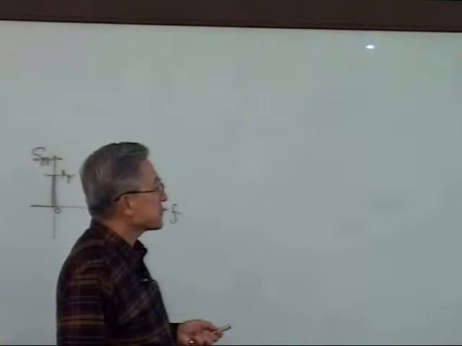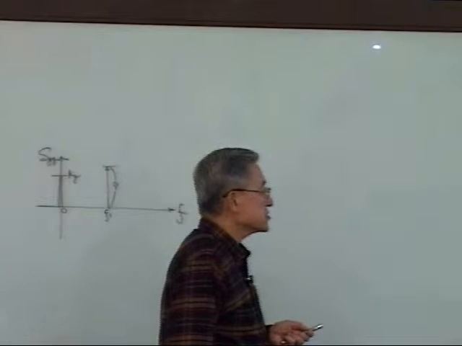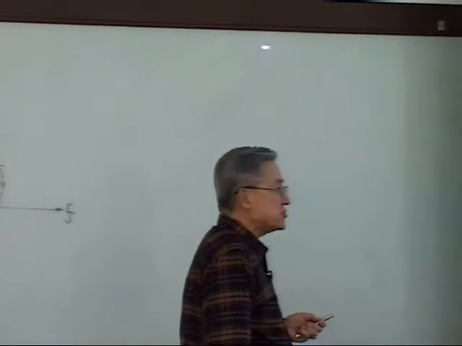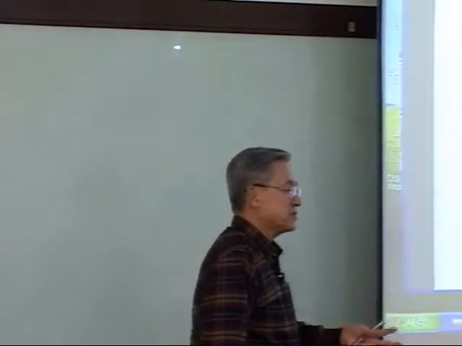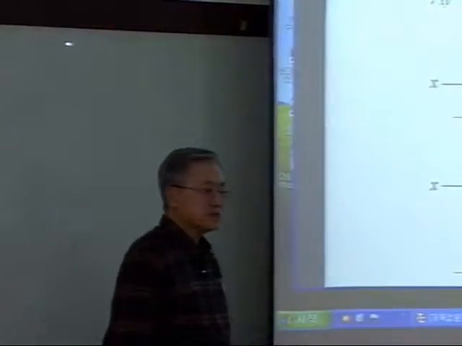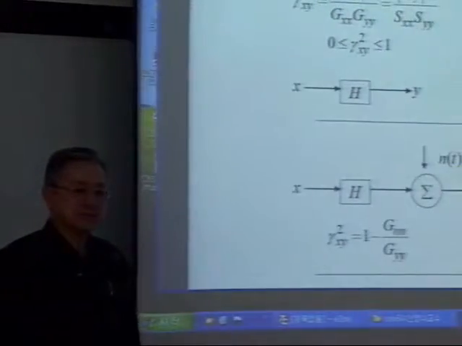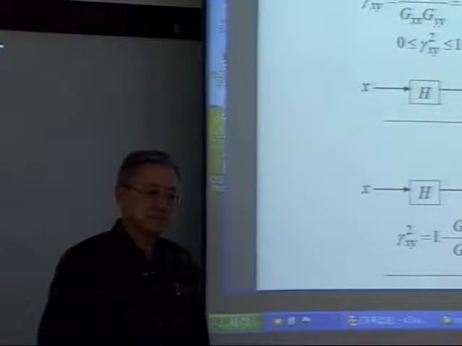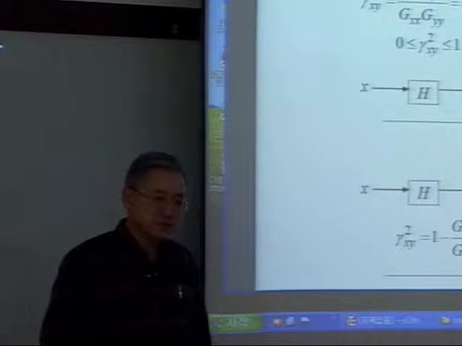So here is x and y. This is a system. So H, I always call it a transfer function or frequency response function. This shows the characteristics of the system. So you have to know the characteristics of the system.